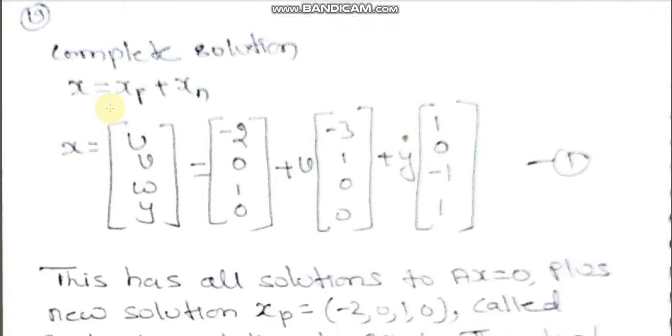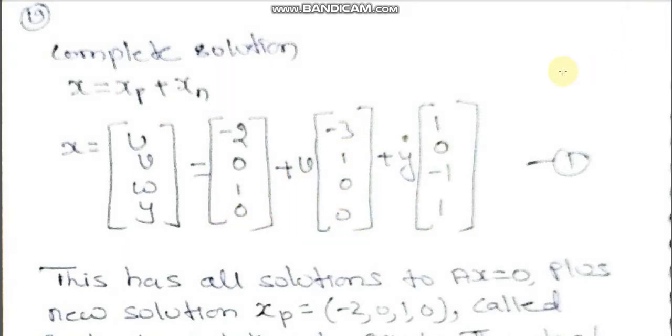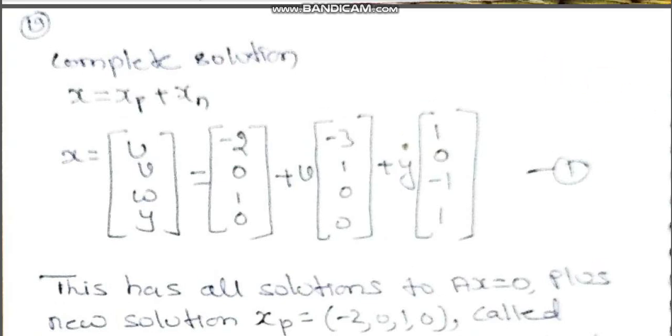So combining xp and xn: the first one, xn, we solved as Ax equals 0, and xp is when we are solving Ax equals b. So this is your xn that we got in the previous example, and this is your xp that you have got now. What are the variables that you have got for xp?